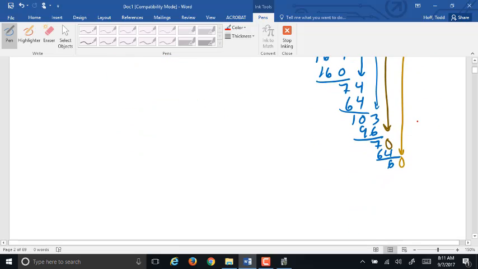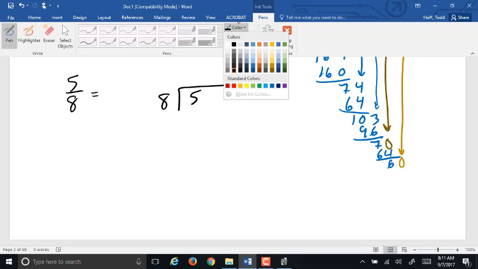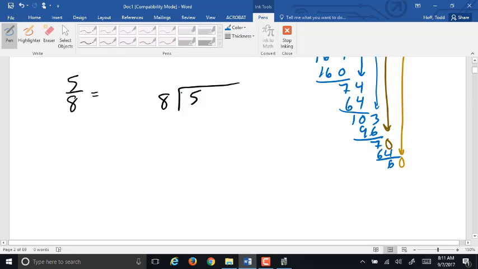This comes into play when we were converting fractions into decimals. We had something like 5/8 to convert that into a decimal. It is 5 divided by 8. Now, when we look at this, 8 does not go into 5. So we're going to add the decimal point and add a 0.